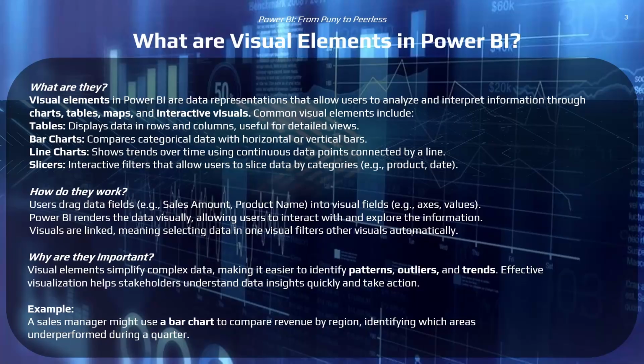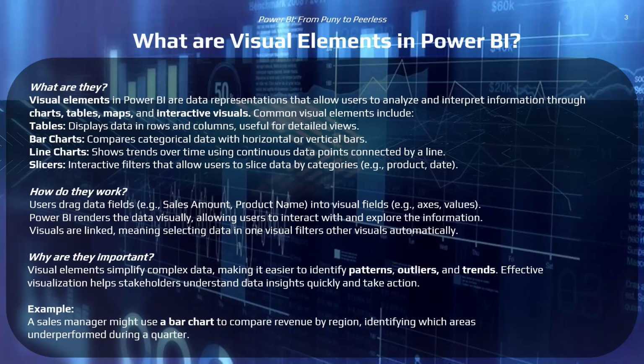Bar charts, which compare categorical data with horizontal or vertical bars. Line charts, which show trends over time using continuous data points connected by a line. And slicers, interactive filters that allow users to slice data by categories, for example, product and date.